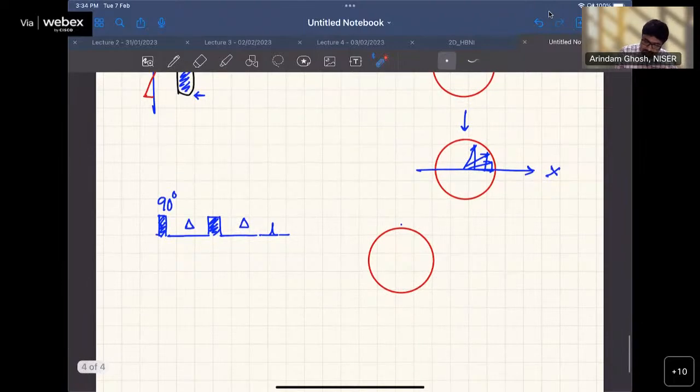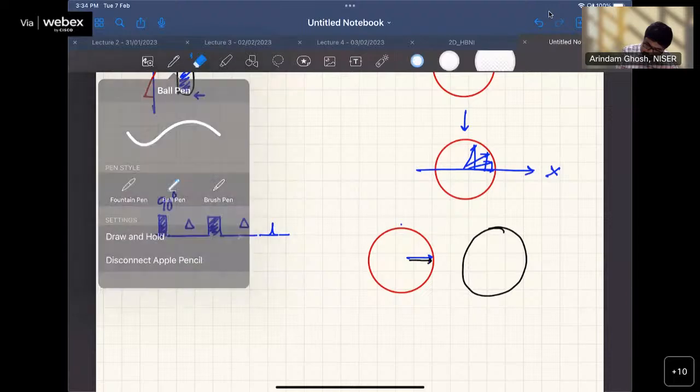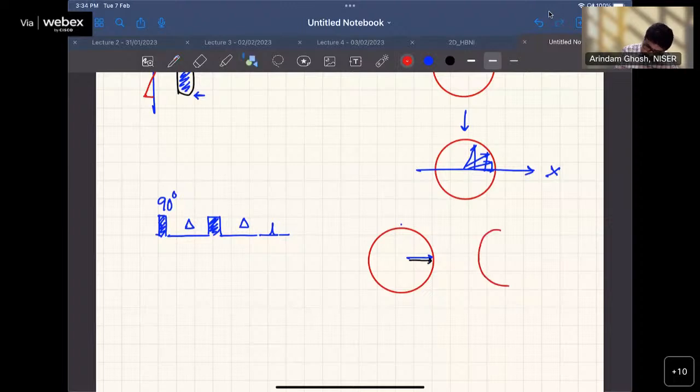After a little time, they both start from here, correct? But after some time, this comes here and this goes here, because they have a slightly different speed.